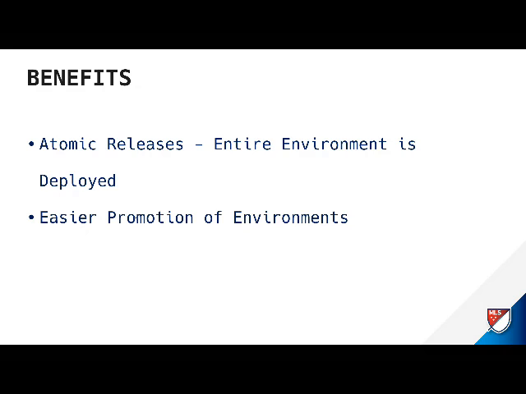And it's very easy to say, okay, I'm looking at this particular container on QA, it passes QA. This is ready for release. So we can tag this as production, and you tag it as production and you're done. You move on. So it's just extremely easy to promote environments.